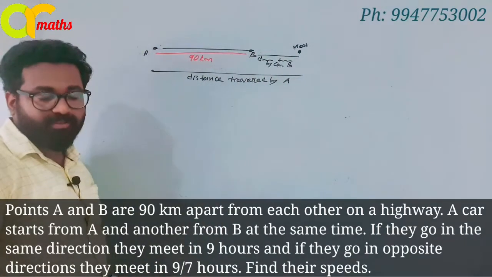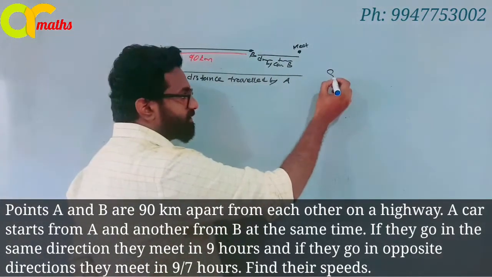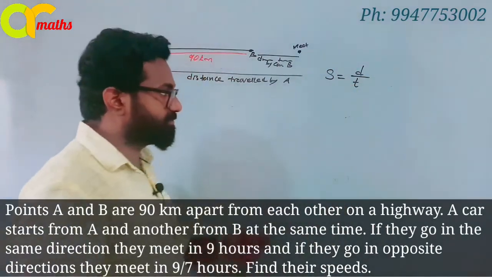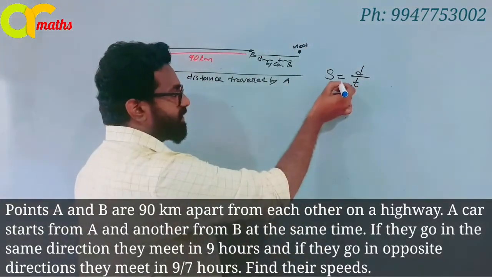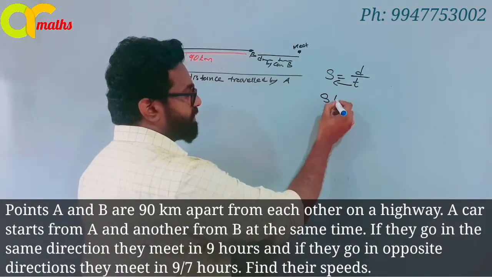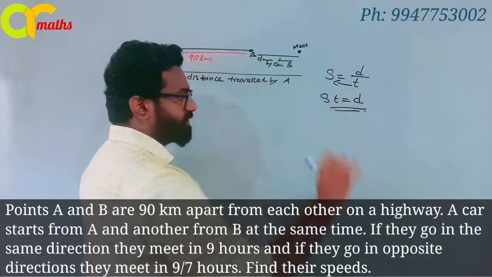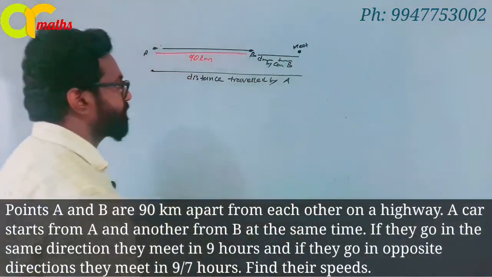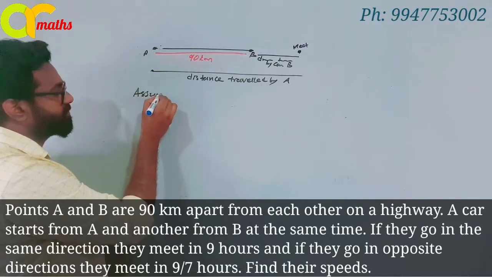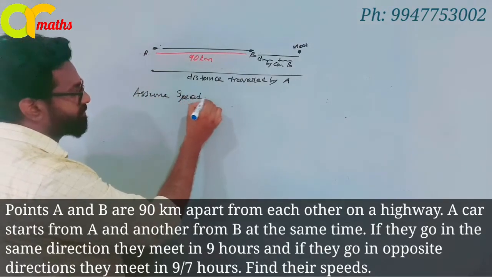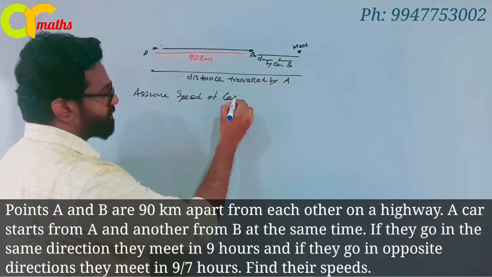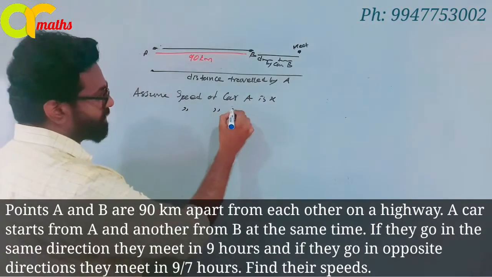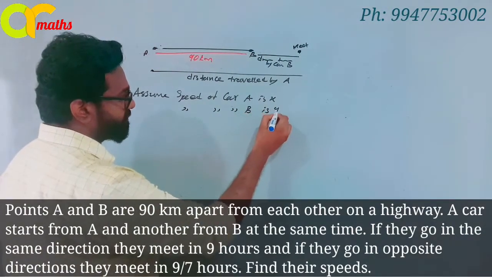You know what speed is? Speed equals distance divided by time, so speed into time equals distance. We already studied that speed into time is distance. In this question, assume the speed of car A is x and the speed of car B is y.